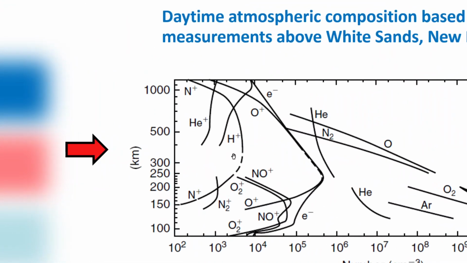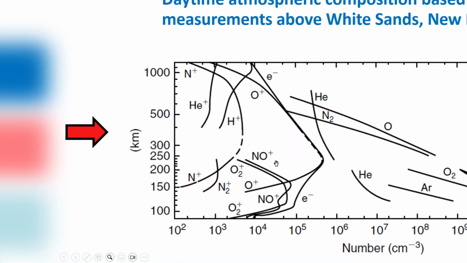I can zoom in. But if you're specifically interested, for example, for me, I will look at 250 kilometers to 300 kilometers, where we have the bottom side, and where all the bubbles and disturbances occur, around here. We know that in the atmosphere in general, you have oxygen, you have helium, you have nitrogen, and all that.